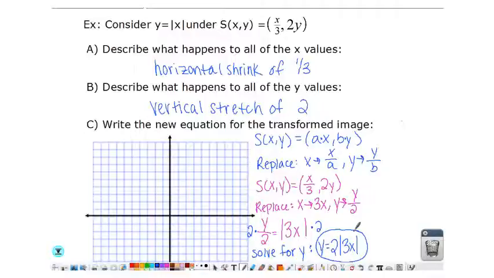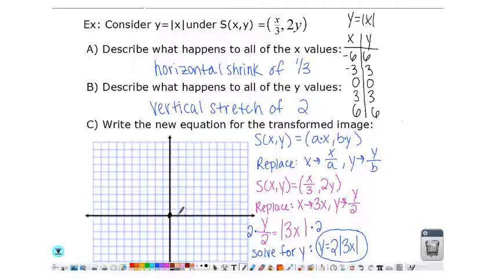So we're going to make a t-chart of values, and we're going to graph both the parent function and the image function. Our parent function was y equals the absolute value of x. And so we're going to make our t-chart. I'm going to pick the values -6, -3, 0, 3, and 6. And you'll see why I picked those in a second. Of course, taking the absolute value, we get 6, 3, 0, 3, and 6. Now we're going to go over to our graph, and we're just going to plot our points.